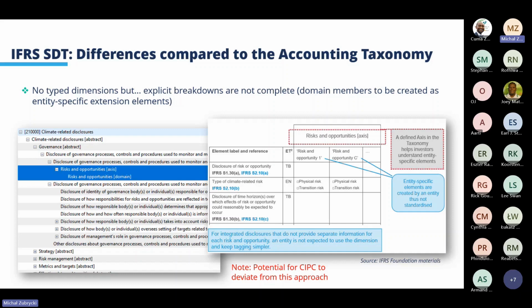The type dimensions are actually not that heavily used globally. In many cases, taxonomy developers rather want to close these breakdowns to avoid potential comparability issues, because obviously if the breakdowns are created by the reporting entities, there is a risk of these typed members not necessarily being comparable, because everyone would be able to define their own, would be able to type them in a different manner using different words.